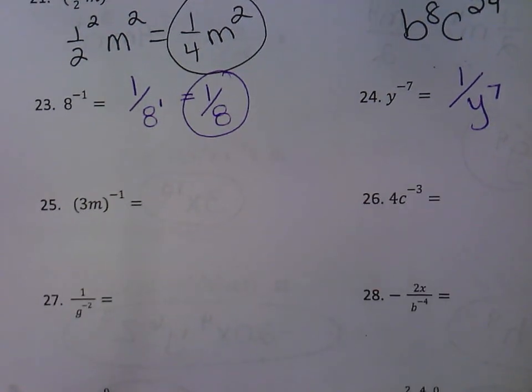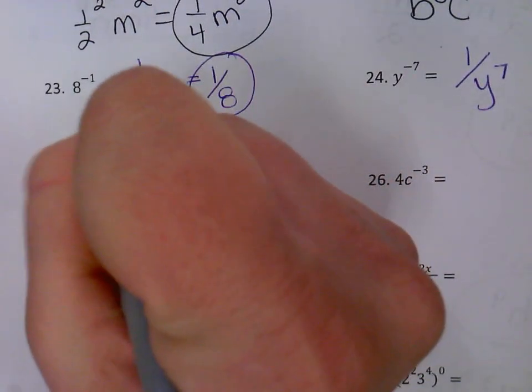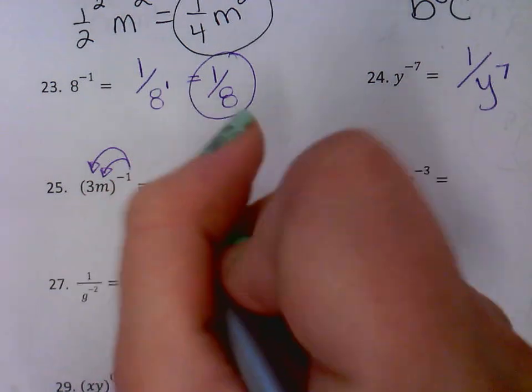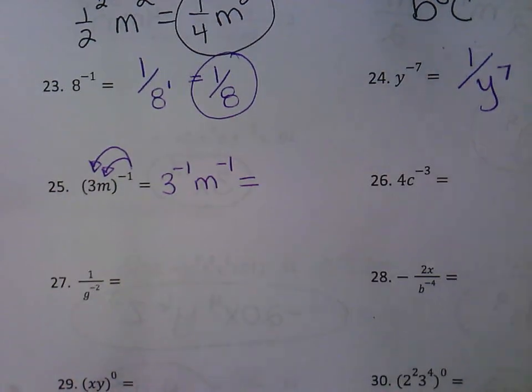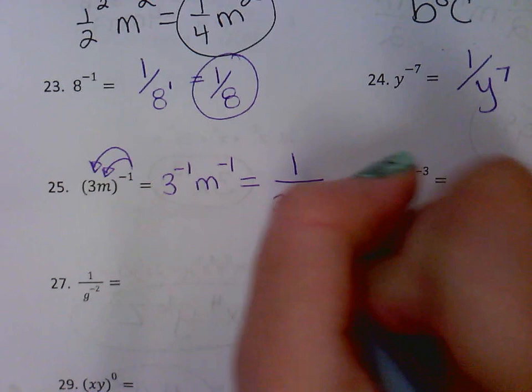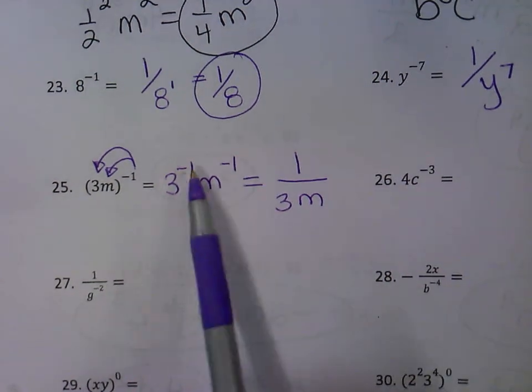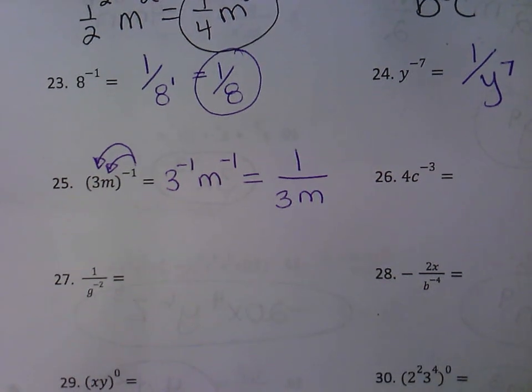So on 25, you are distributing this -1, right? Both of those terms inside. So you end up with 3 to the -1 and m to the -1. So both of them have to jump over the line down into the denominator. And I really didn't have to distribute. I could have just taken this whole thing and moved the whole thing down into the denominator.